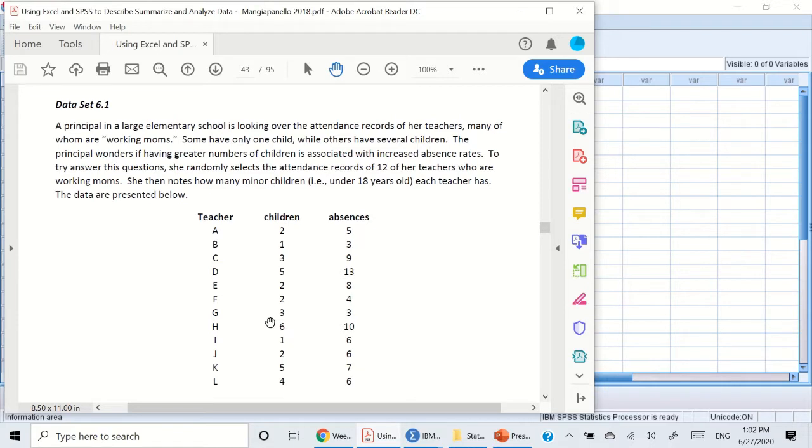To try and answer this question, she randomly selects the attendance records of 12 of her teachers who are working moms. She then notes how many minor children, under 18 years old, each teacher has. The data are represented below.